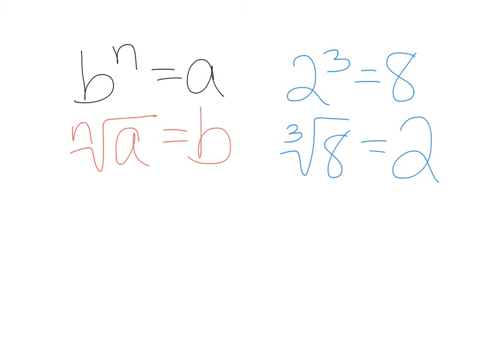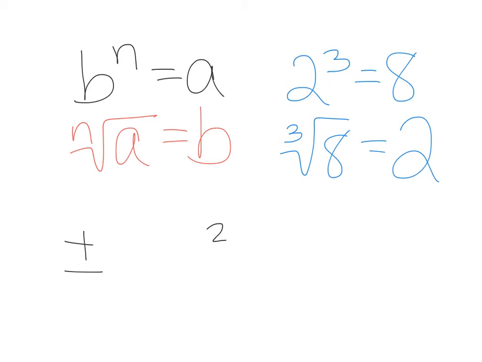A number raised to a power gets me a big number. The big number with that root gets me back to the same original number. They're inverses. The next part of your notes talks about the types of roots you will have. You will either have one real root, no real roots, or 2 real roots. When you have 2 real roots, all you have to remember to put in your notes is a plus or minus in front of that number.